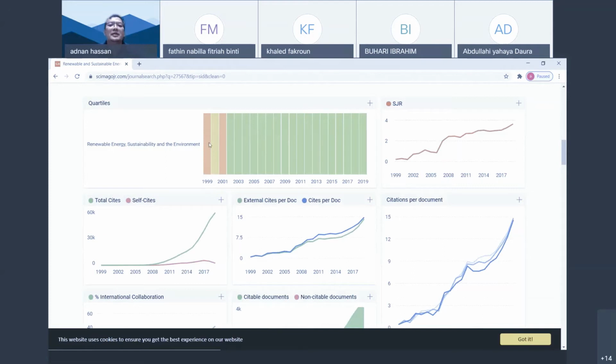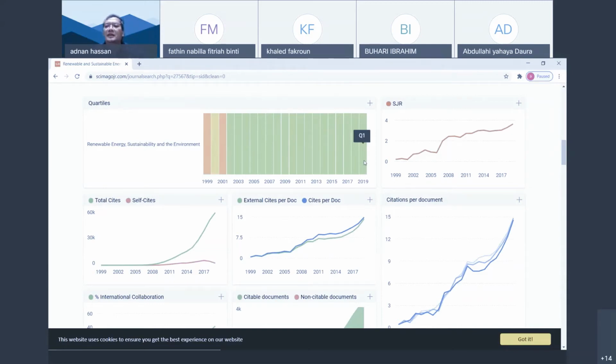Looking at the quartiles, it started as Q3, a very humble journal, then moved to Q2, went back to Q3, and after that has maintained Q1. So this means a good journal. It has been Q1 for almost 20 years.